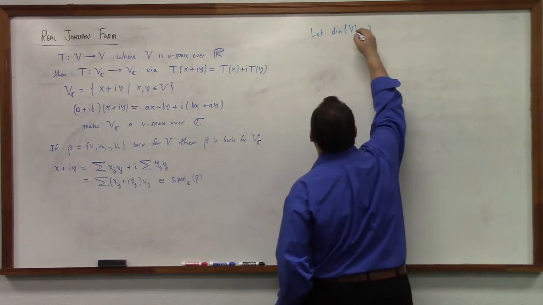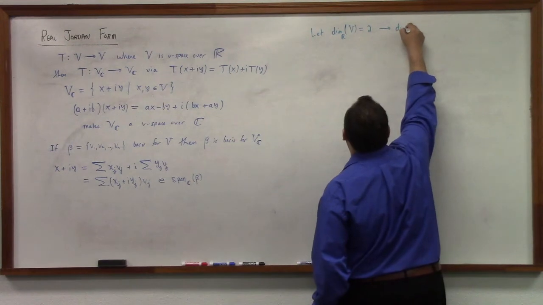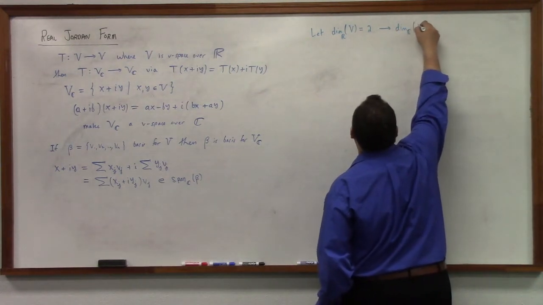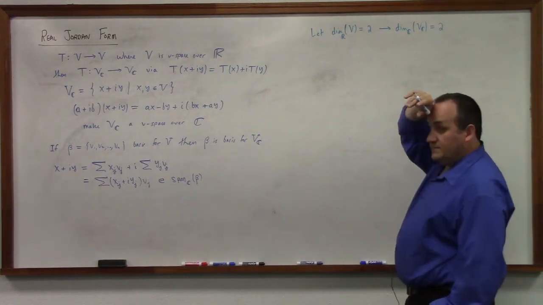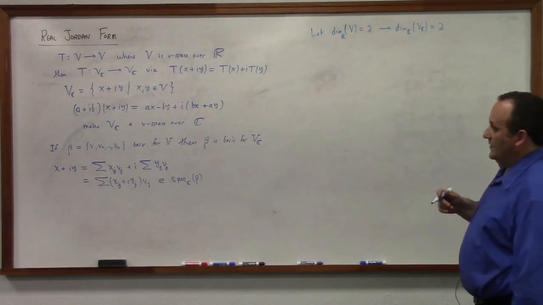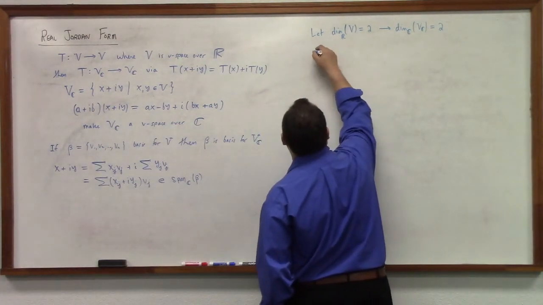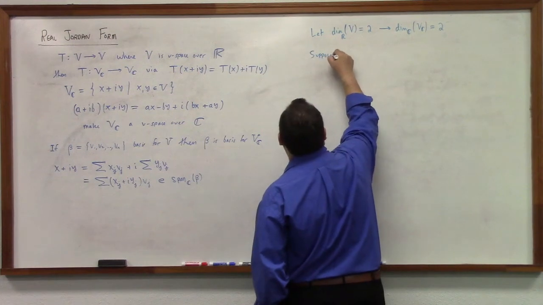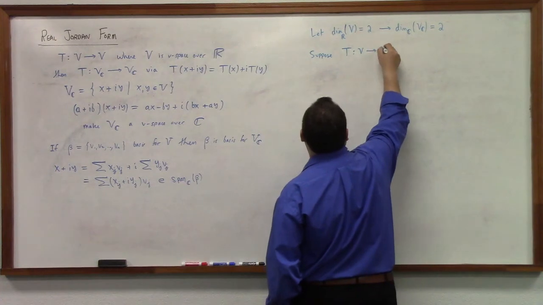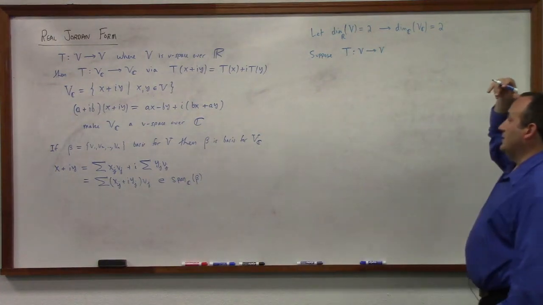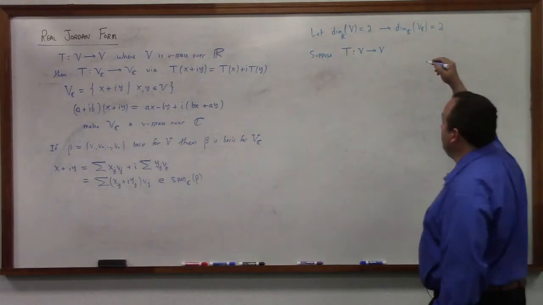All right. So this is the dimension over the reals, right? That means that the dimension over the complexes of the complexification of V will also be equal to 2. All right? And specifically, suppose we have a linear transformation from this V to V. And I want to suppose we have an eigenvector, right?